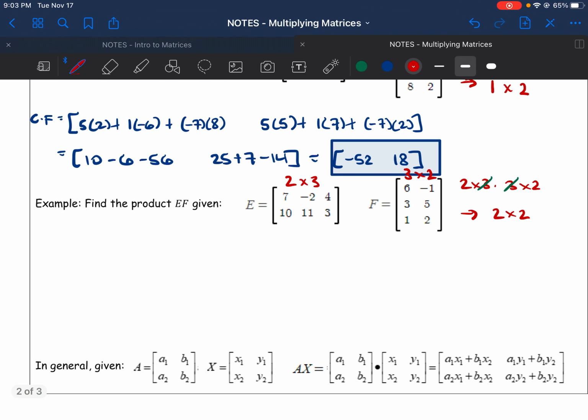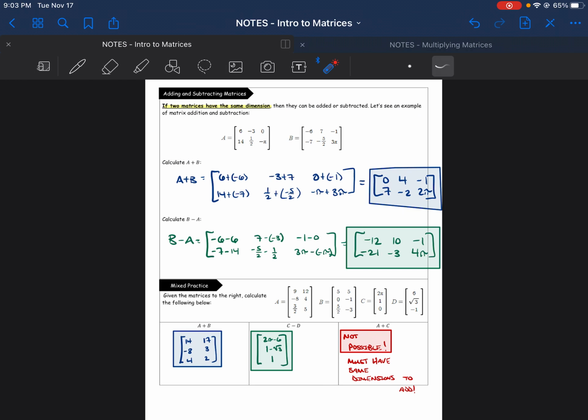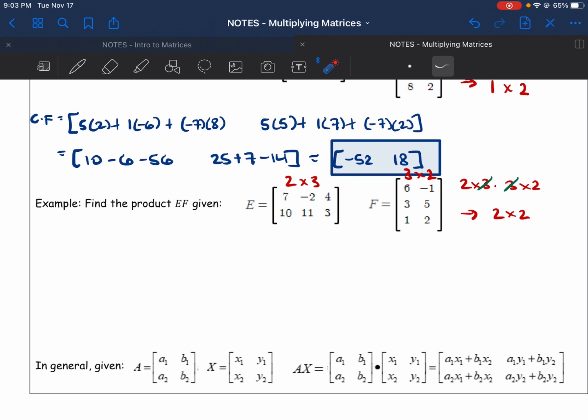All right, so let's talk about the strategy here again. For the first row, first column element, we're going to have, go back, Mr. Houck, there we go. The first row with the first column. Then we're going to take the first row with the second column.